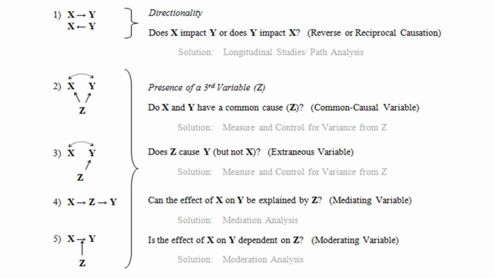There are 5 potential ways to reinterpret the relationship between two variables: directionality, common causal variable, extraneous variable, mediating variable, and moderating variable. I'll discuss each of these ways in more detail.